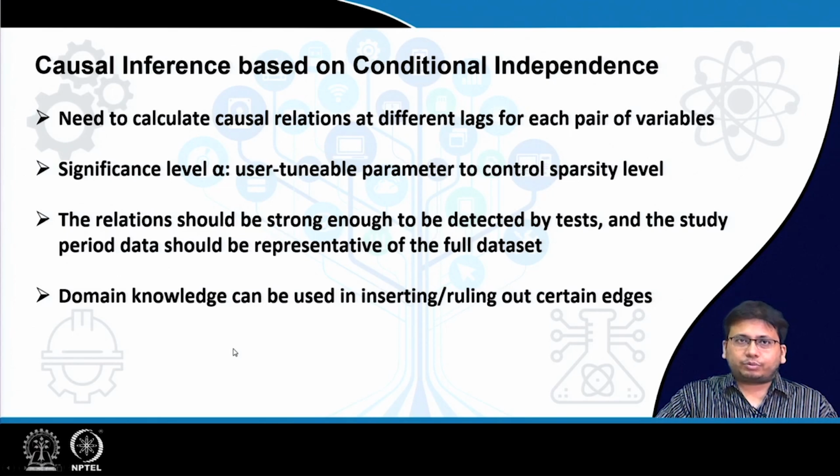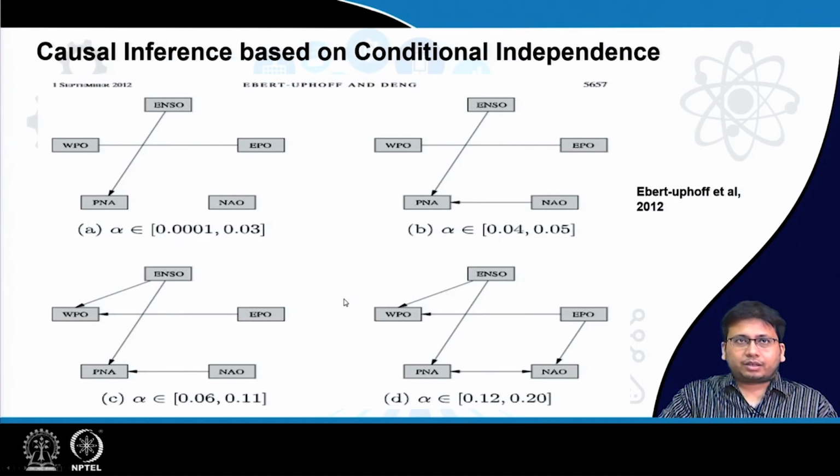So, if such domain knowledge is available, it can be incorporated into the graphs either by forcefully inserting or by ruling out certain edges. So, this alpha, as I said, largely influences how sparse the graph is going to be.